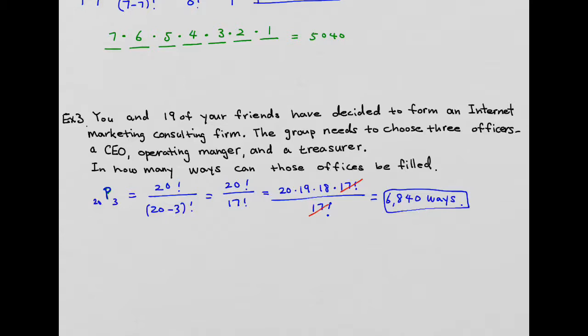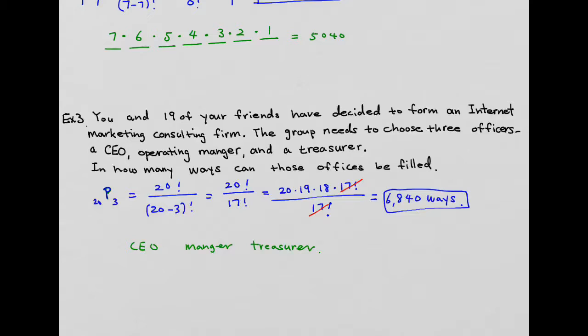Okay, then what about if we do it the other way, just picturing ourselves? We have CEO, operating manager, and treasurer.